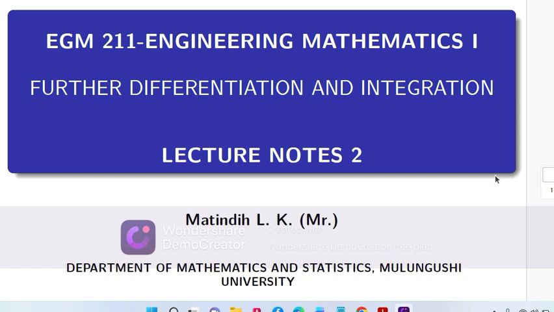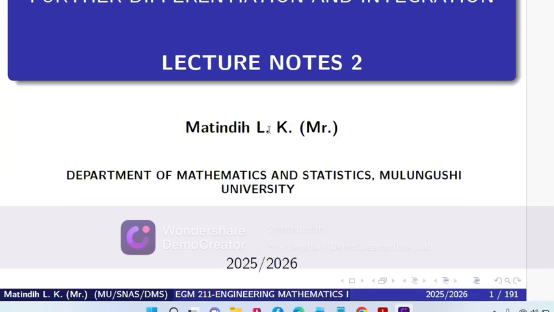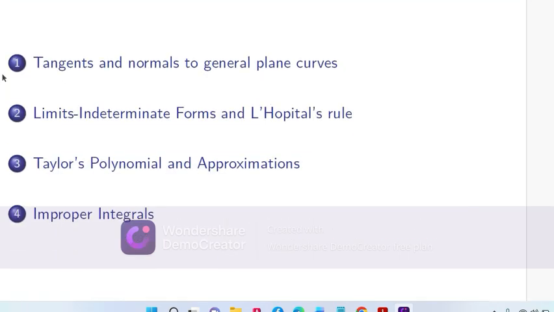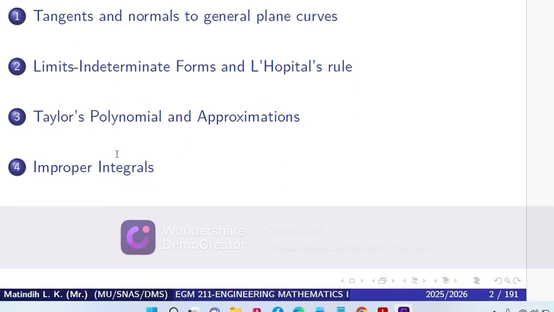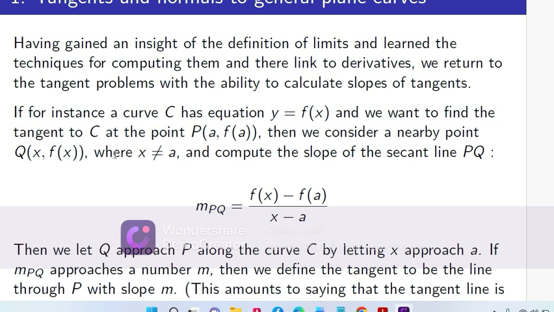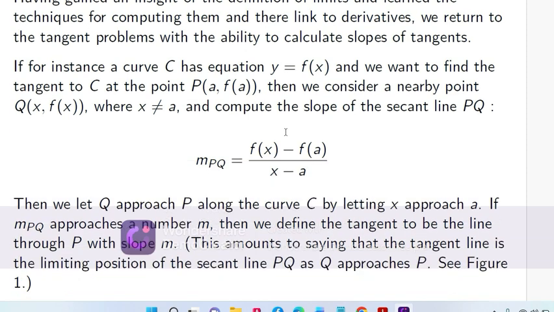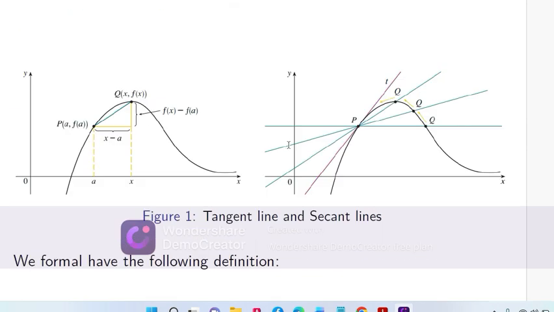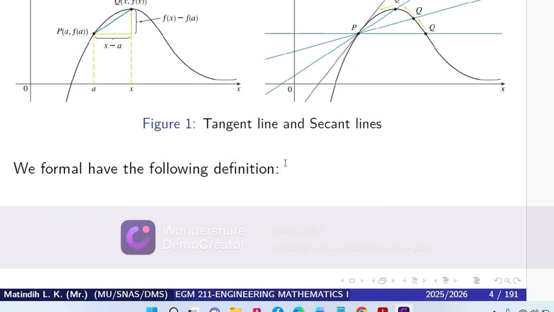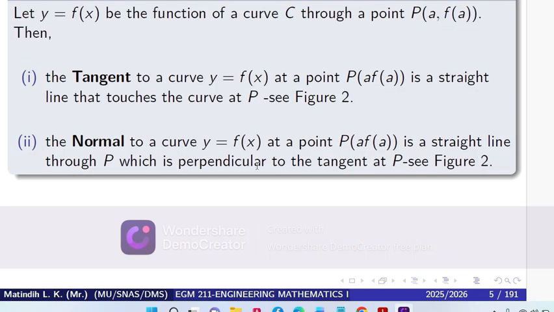When you look at the notes, the topic content, tangents and normals to general planes, is just four items, but when you get inside, the statements they're trying to say get confusing, like boring. That's what mostly makes engineering mathematics hard.